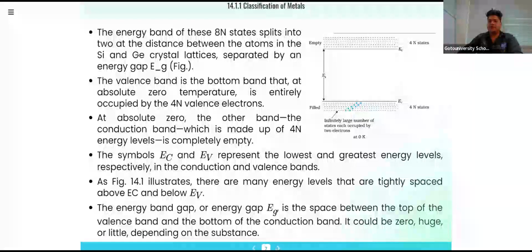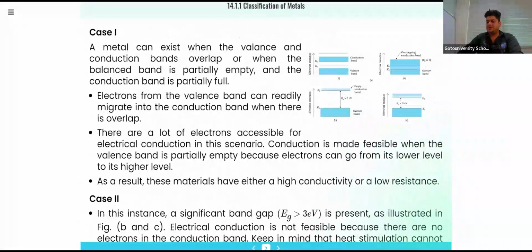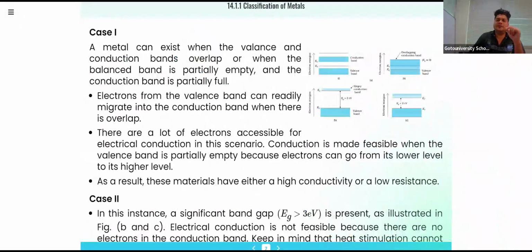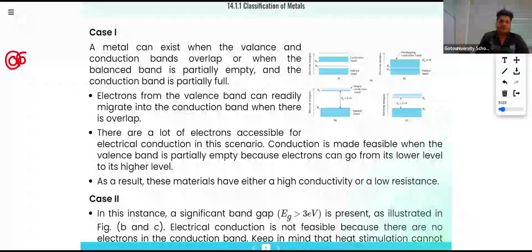Okay, now see what happens. In the case of a conductor, there will be an overlapping. What is the meaning of overlapping? Overlapping means this shell will get overlapped with the other one.